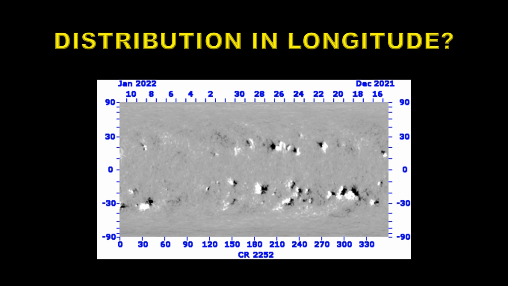Now, here there seems to be a concentration in the southern hemisphere of sunspots between about 180 and 360 degrees on the Carrington longitude, whereas from 0 to about 150 there seems to be a dearth. The same seems to be true of the northern hemisphere, but there are obviously fewer regions in the northern hemisphere in general.